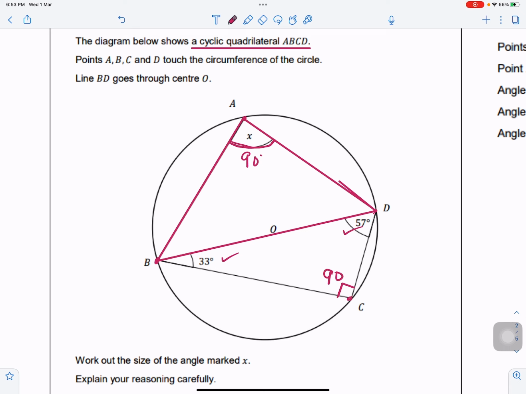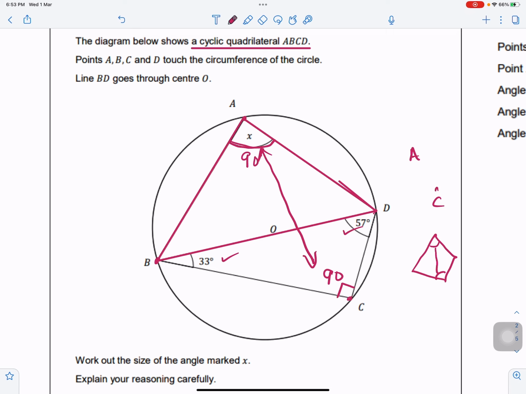And you see, the sum of these two angles, because they are opposite angles of the cyclic quadrilateral, angle A and angle C, they are on the opposite side of the cyclic quadrilateral. So the sum of these angles should be equal to 180. Now you add them up, 90 plus 90 is 180.